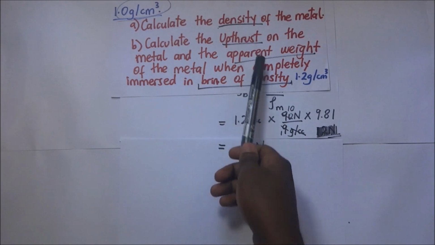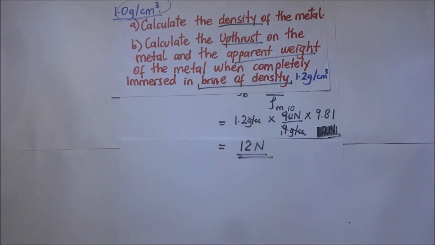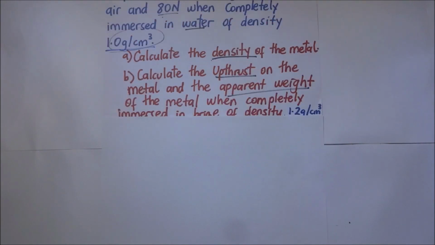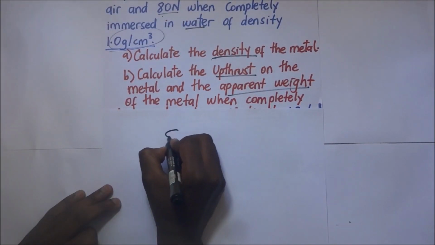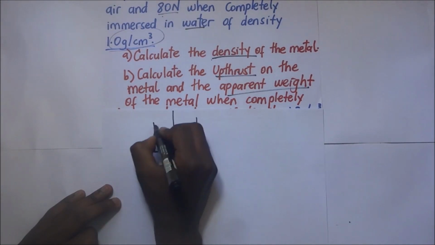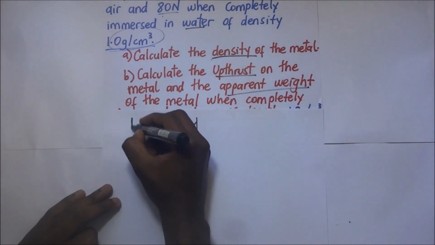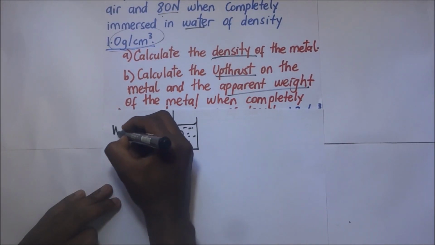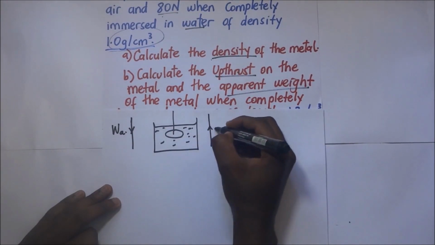And now they're asking us to calculate the apparent weight of the metal when it is completely immersed in brine. So the apparent weight is given by, we know that when we have this kind of metal here, that's the metal, it's in brine, right? We have its weight in air acting downwards, and then we have the upthrust force acting upwards.